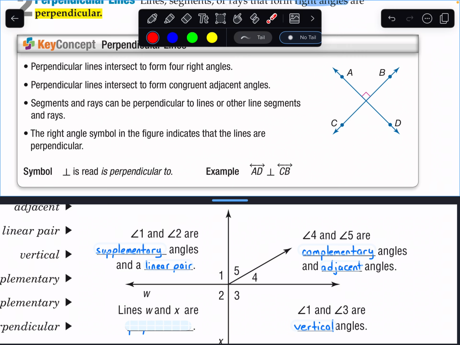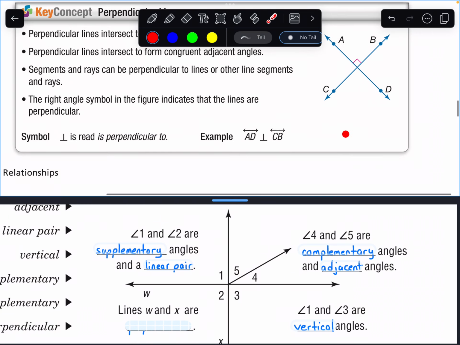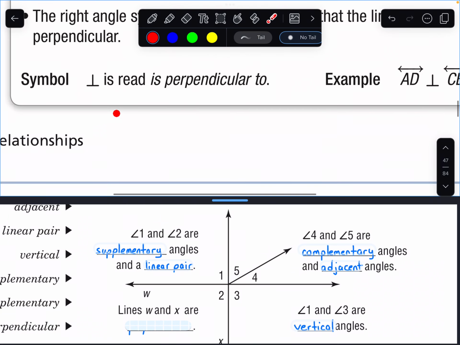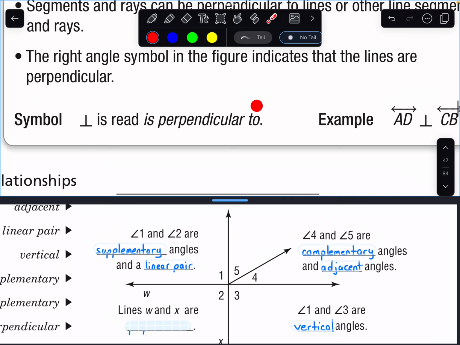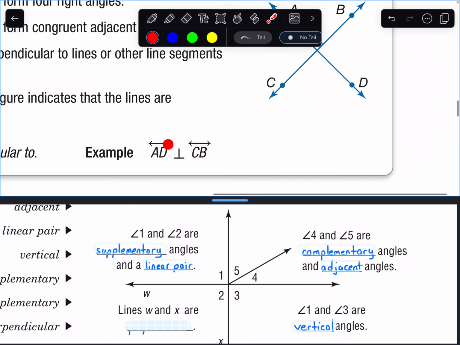Right angle symbol in the figure indicates that the lines are perpendicular. And notice, even though all 4 of them are right angles, we only need to mark one of them. An upside down capital T is read as "is perpendicular to", for example, line AD is perpendicular to line CB.